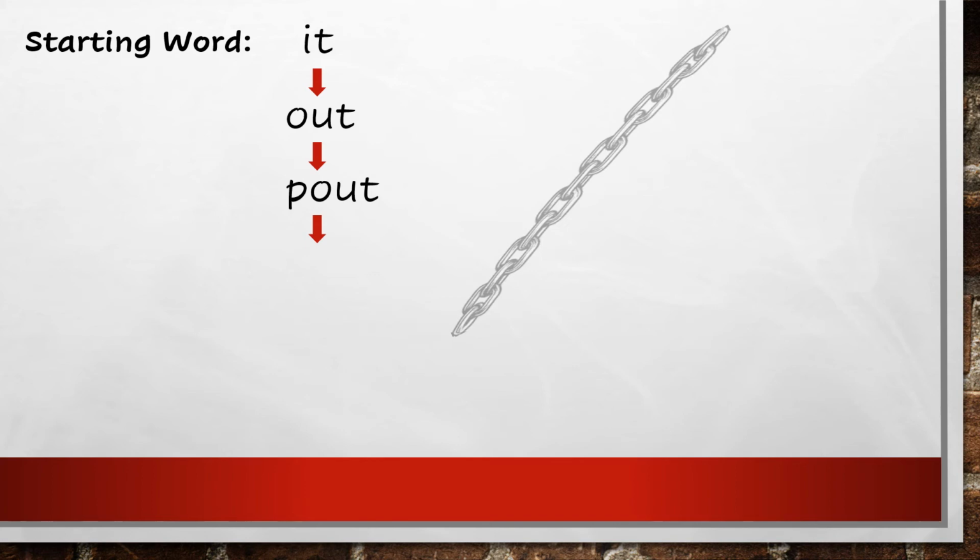So turning the P in pout into a B for bout, I am changing that P into a B, and bout is spelled B-O-U-T. After you have that spelled correctly, draw your next arrow and get ready for your next chain.